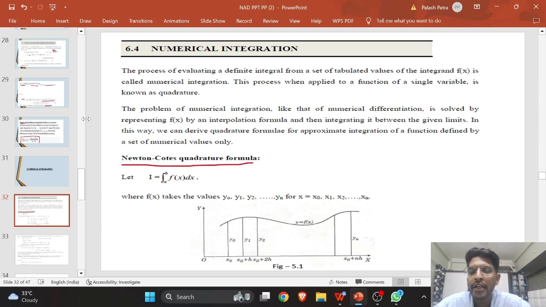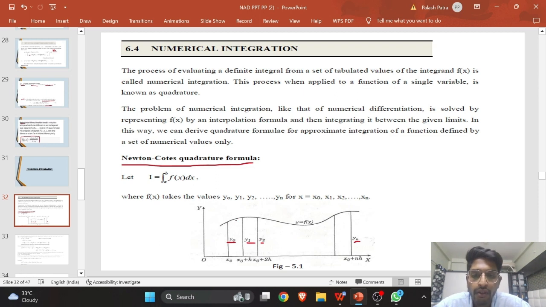We need to find the integral of f(x) dx from the range a to b. So what we do is divide the interval into equal parts. As we can see, we have divided the curve y equal to f(x) into n parts, y0, y1, y2 up to yn, and each strip is a trapezium.